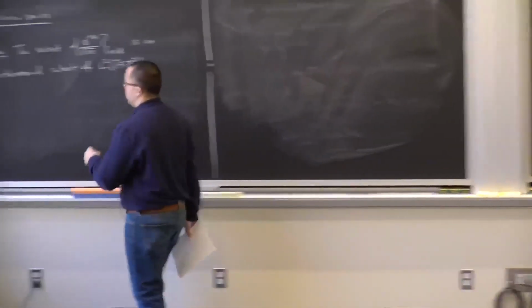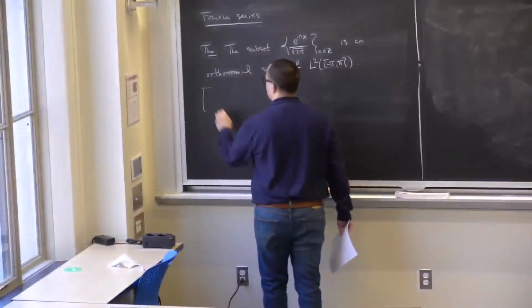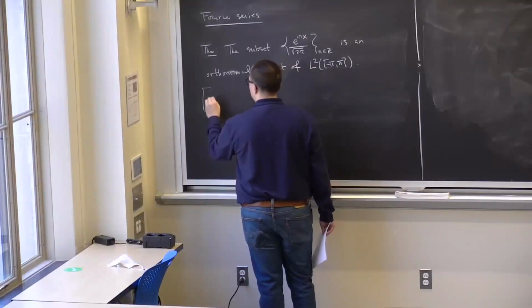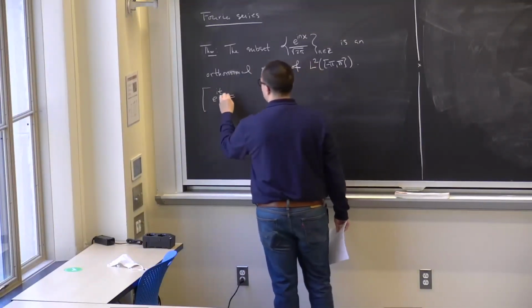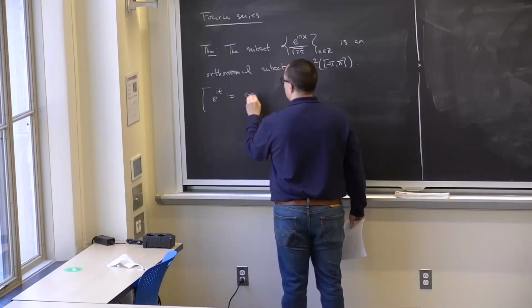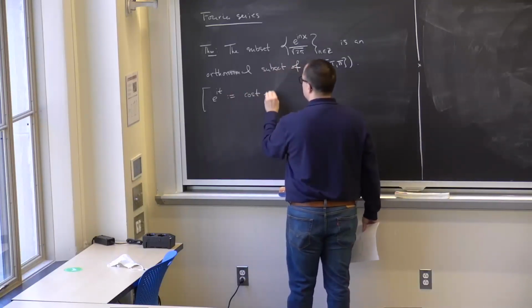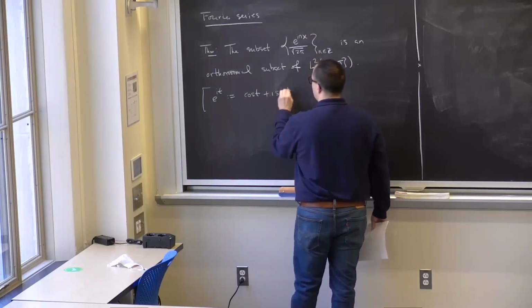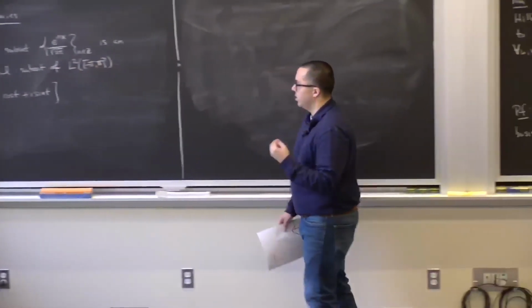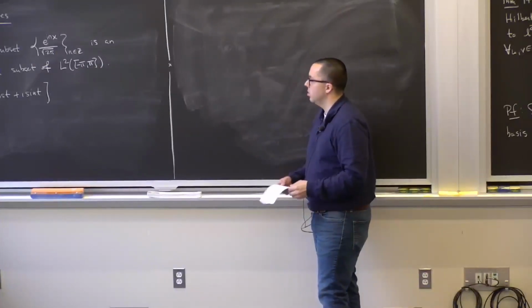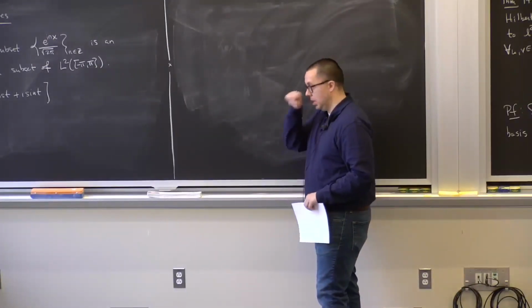And here, just for a quick refresher, if t is a real number, e to the it is simply defined to be the complex number cosine t plus i sine t. Okay? And it satisfies all the things that you know and love about the exponential.